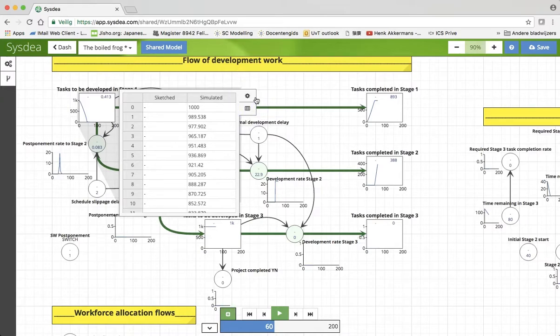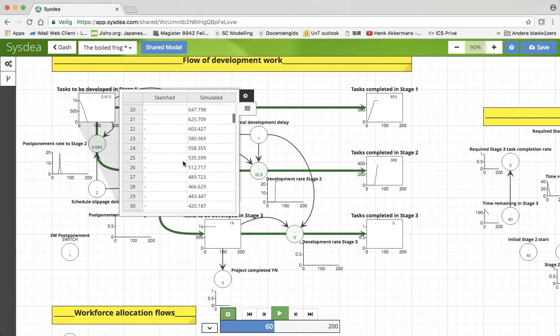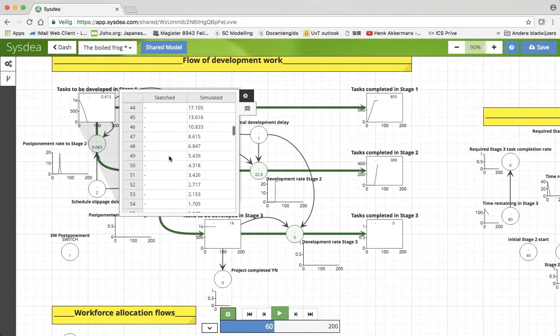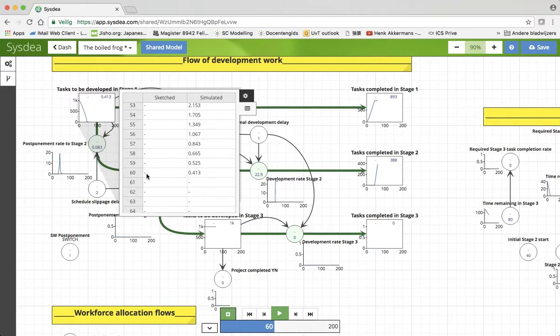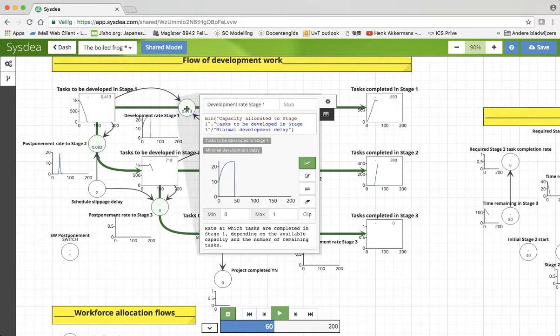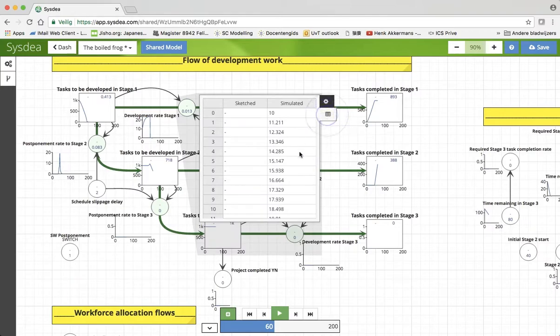Just about. If you go to the table view, you can see that after 40 weeks, there are still 145 tasks left. After 60 weeks, just about everything has been done. So what is happening after 40 weeks?